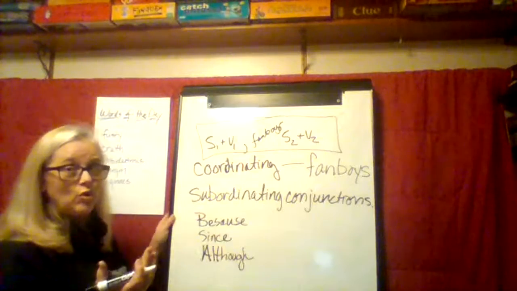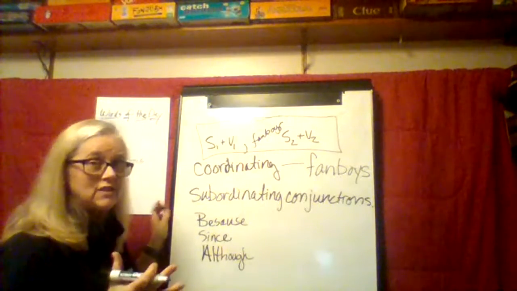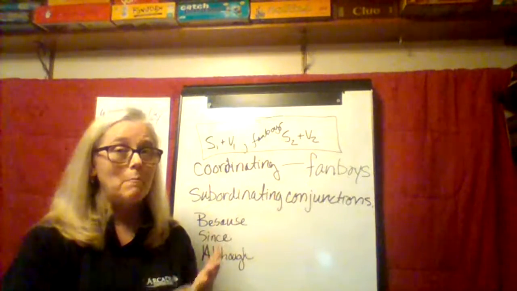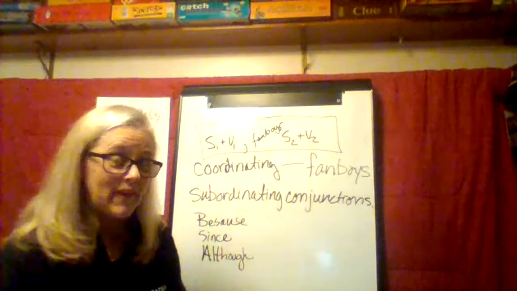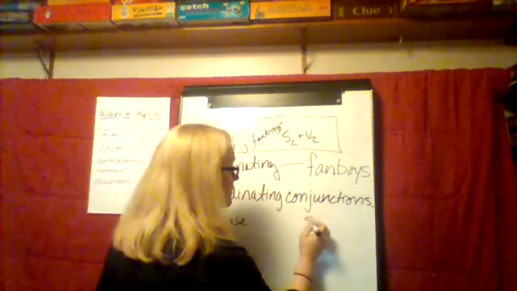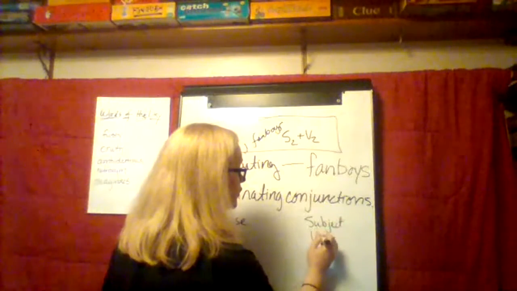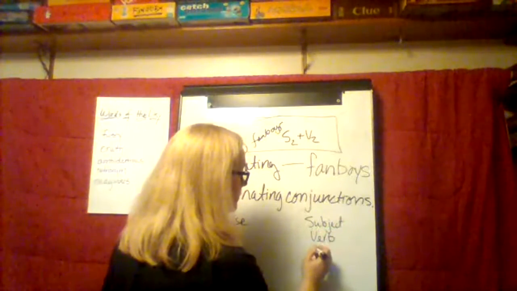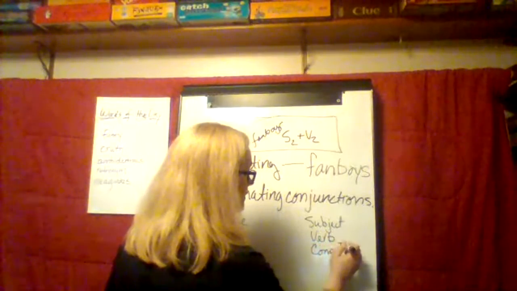So let me show you how to build a dependent clause. In the last video, I showed you how to build a main or independent clause. And do you remember what we do for that? We have a subject, and we have a verb, and we have a complete thought.